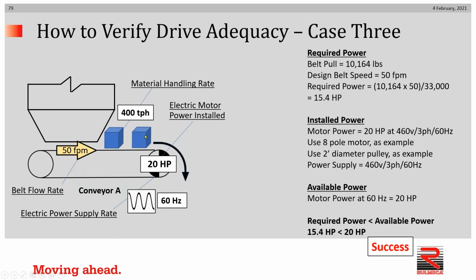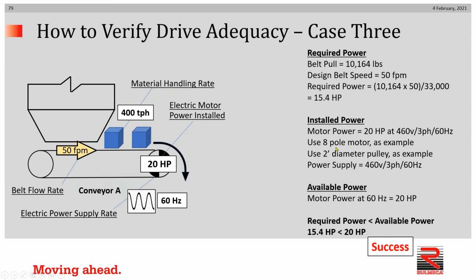So if we are moving 400 tons per hour at 50 feet per minute, and we've installed an electric motor of 20 horsepower, which was designed to run at 460 volt, three-phase, 60 hertz, we've calculated separately that required belt pull for the conveyor feeder would be 10,164 pounds. The product of belt pull and belt speed divided by 33,000 tells us that required power is 15.4 horsepower. We've installed a 20 horsepower.